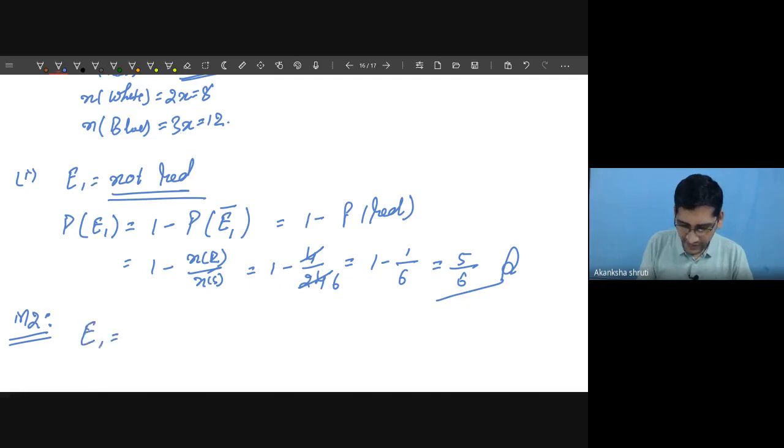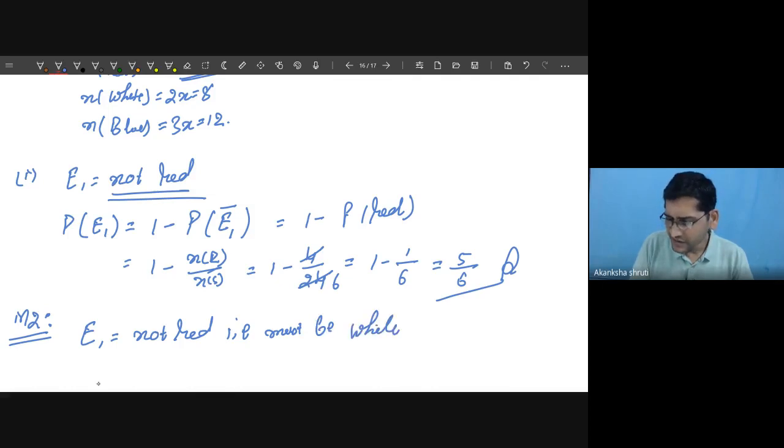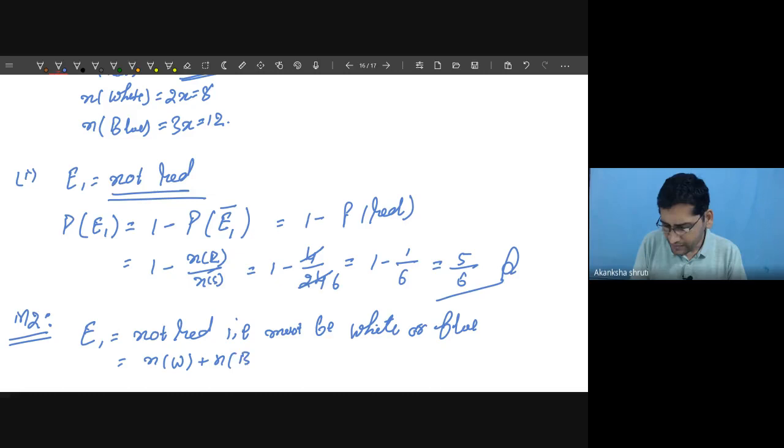E1, event that it is not red, that must be which color? Either white or the other one, it could be blue. So it can be N white plus N blue.